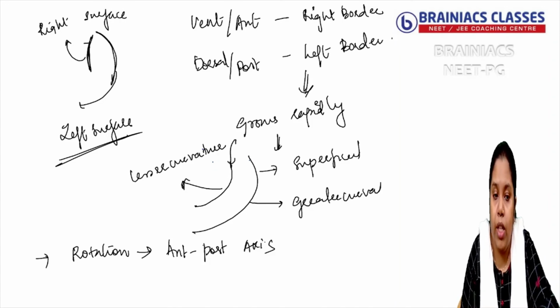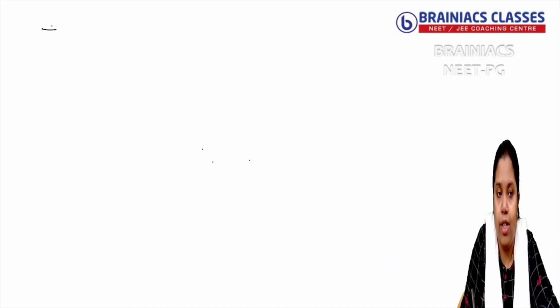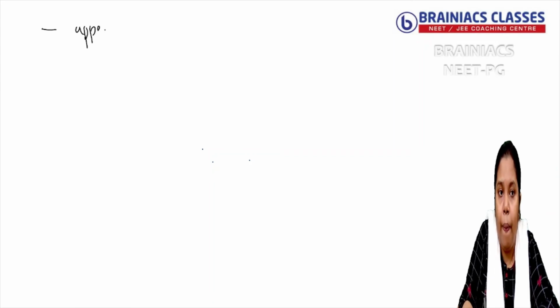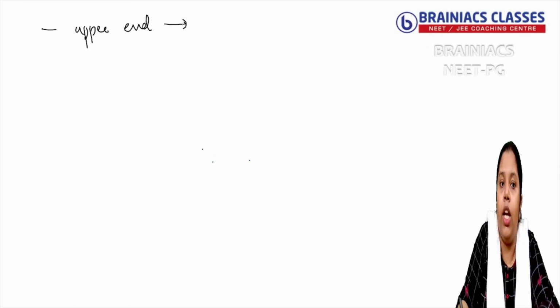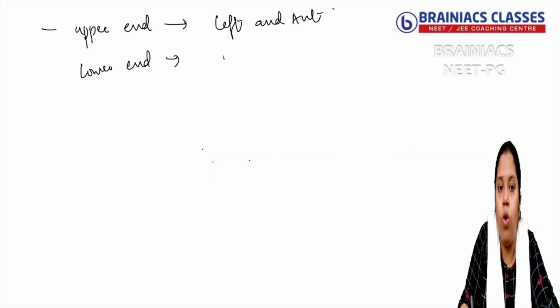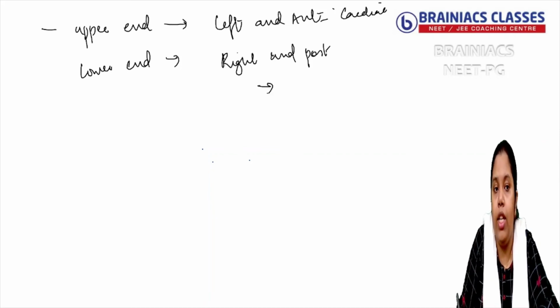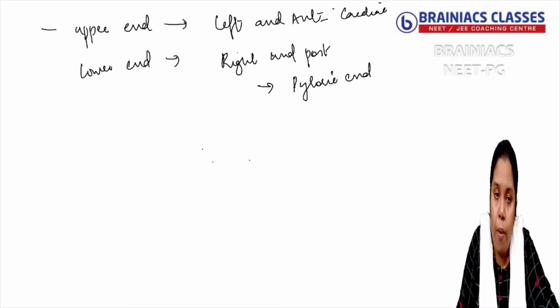When there is a rotation in the antero-posterior axis, the upper end comes to the left and anterior, whereas the lower end goes right and posterior. The upper end is the cardiac end, which is most superficial, and the lower end is the pyloric end, which goes right and posterior.